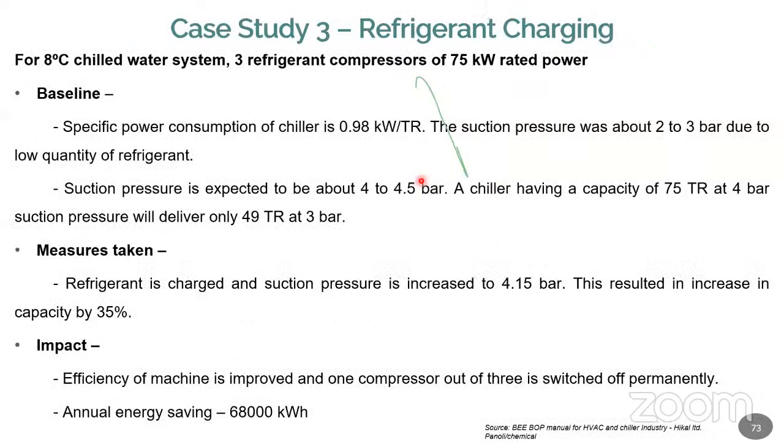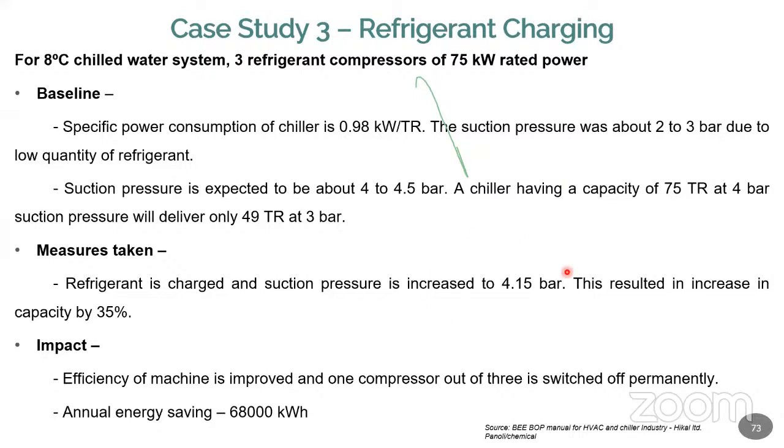Then refrigerant charging of the equipment. You can see an 8 degree chilled water system with 3 refrigerant compressors of 75 kilowatt, the baseline compressor. This is the baseline data. The measurement taken is that refrigerant is charged and suction pressure is 4.5. This resulted in a 35% increase in compressor power.